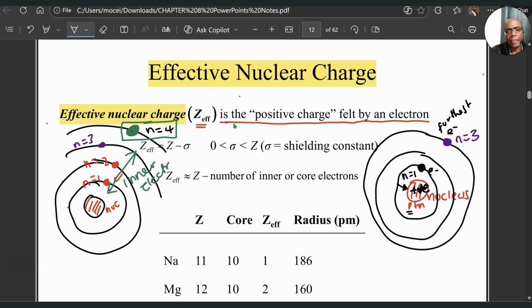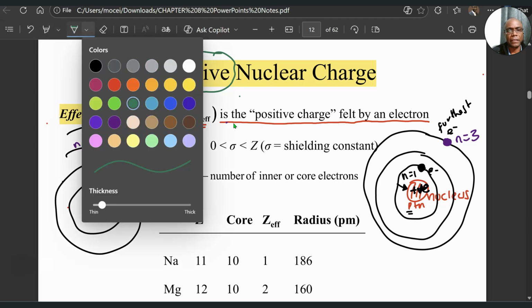So the inner electrons will have reduced the positive charge strength, or force of attraction, by the time that positive charge field gets to the electron on n equals 4, which is why we use the word effective nuclear charge. It's going to be reduced. n equals 4 is not going to feel the full power of the positive charge of the nucleus.